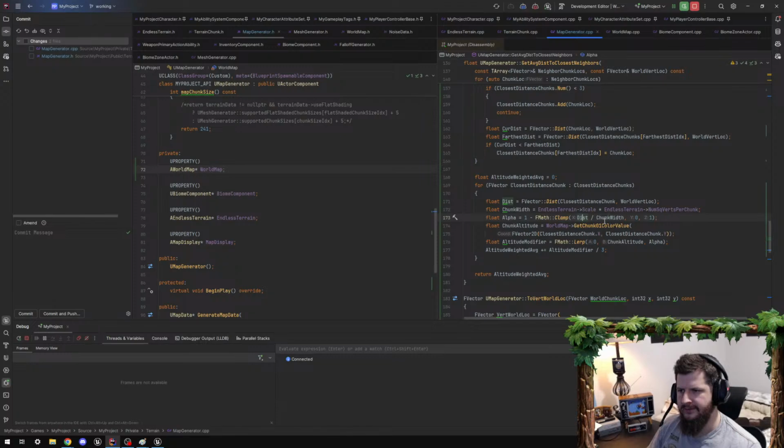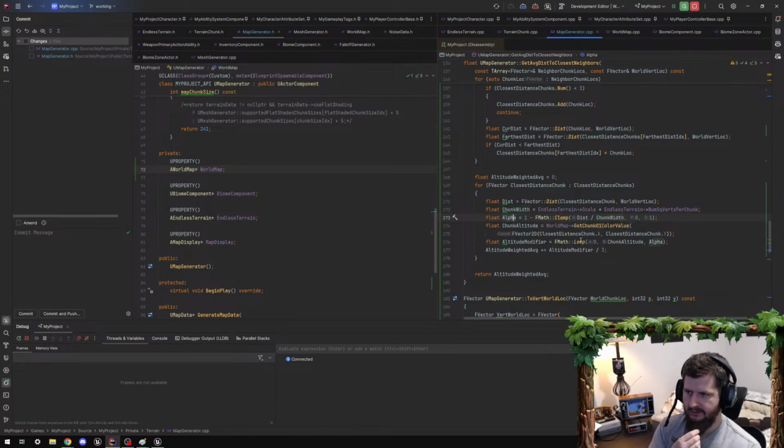Okay, and so distance divided by chunk width. So if the distance between this and the world vert, one of the closest distance chunks, is less than the chunk width, which is 12,000. So let's say it's 6,000. This will come out to be 0.5.